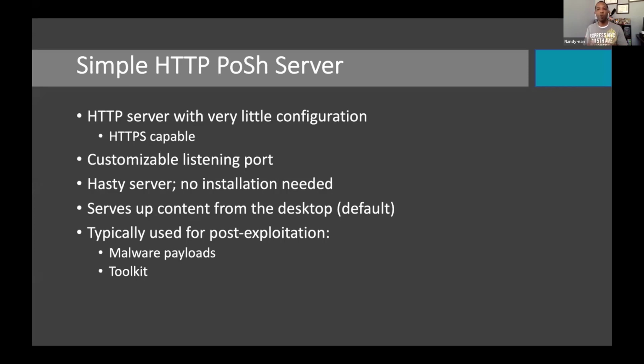If we want to do HTTPS, we can. We can bring our own certificate, self-signed, whatever. We can customize the listening port. If it's an ephemeral port rather than a well-known port, we don't need elevated rights. So as a regular user, I can stand this up as long as I have access to the classes that I'm actually using.